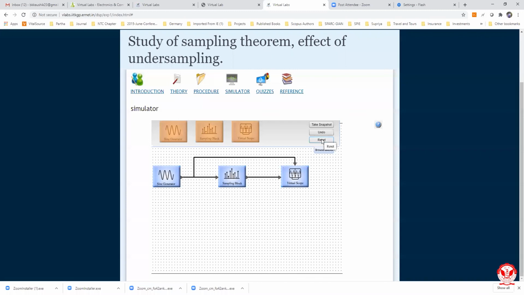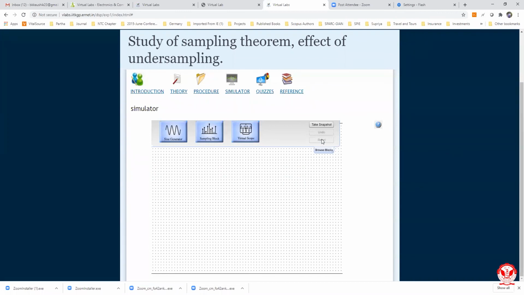With reset, once we click the reset button, see, all the connections disappear. Again, we are connecting the sine generator and the sampling block. With undo, we can just go one step back. Clicking on undo, we get one step back.